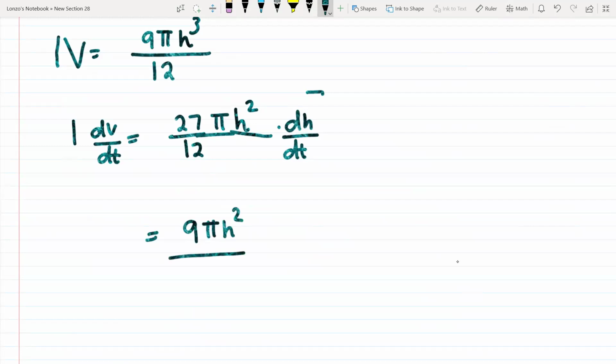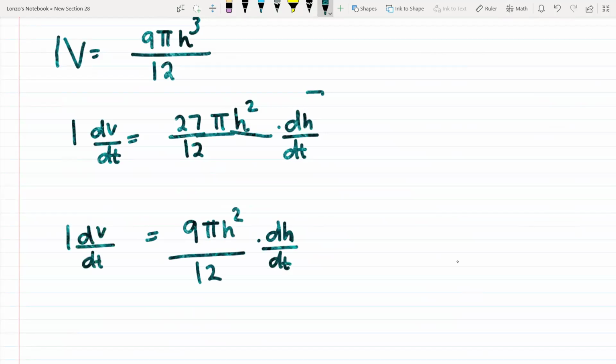And then 12 divided by 3 is 4. So we're dividing everything by 3. And this would still be dh dt. And then over here you have 1 dv dt.